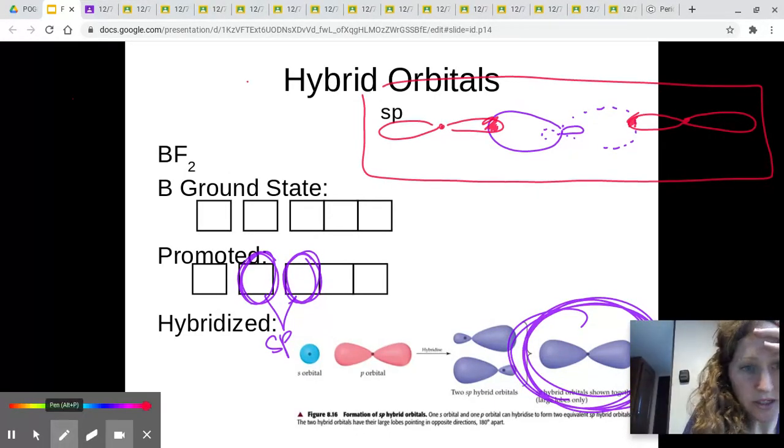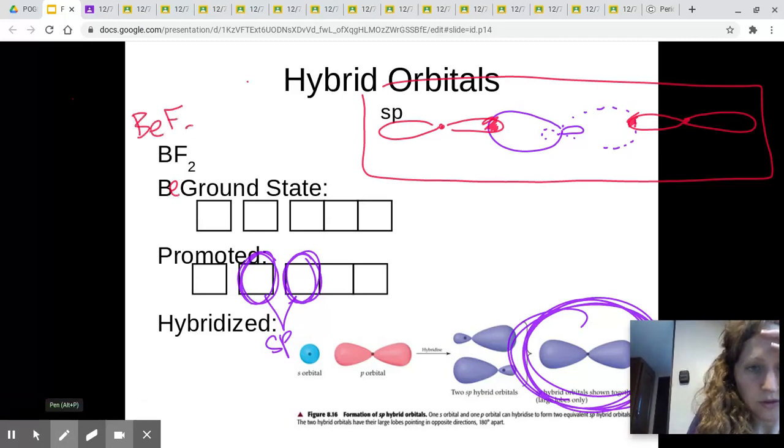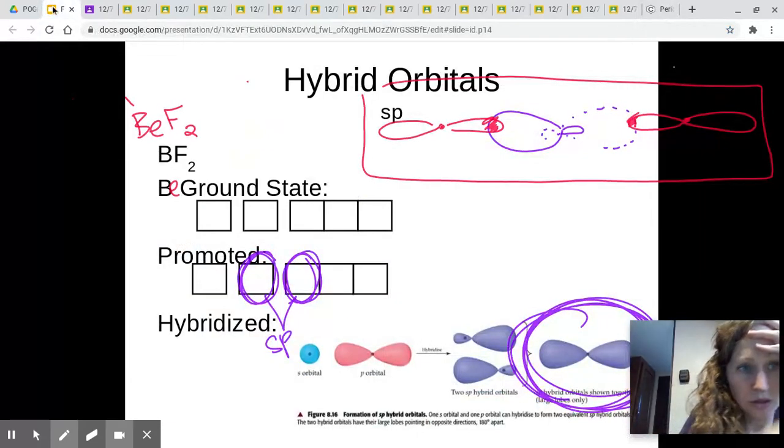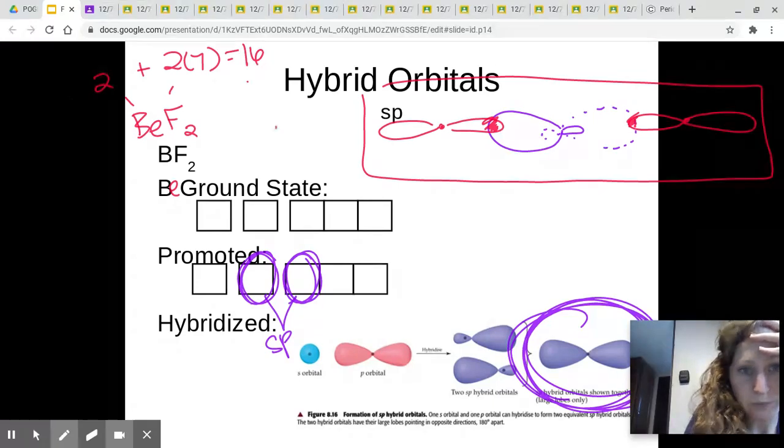Okay, I actually want to work with beryllium. Beryllium fluoride. So that would have 2, and that would have 2 times 7, which is 14. That would give me 16. Okay, so beryllium, fluorine, 1, 2, 3, 4, 5, 6, 7, 8, 9, 10, 11, 12, 13, 14, 15, 16.